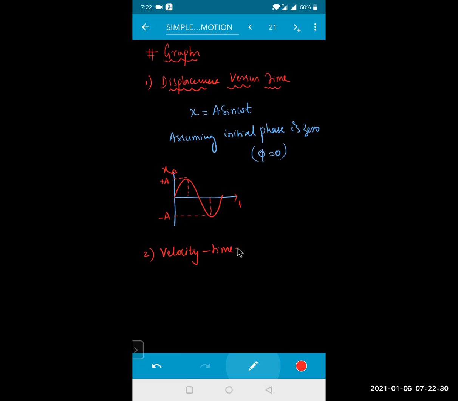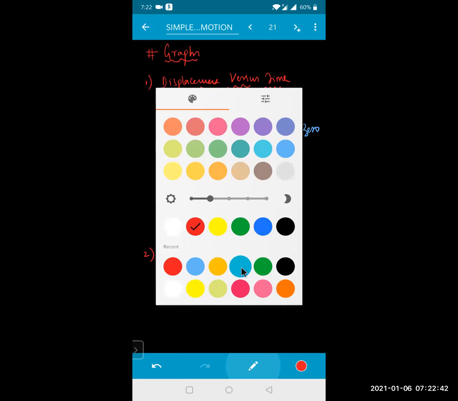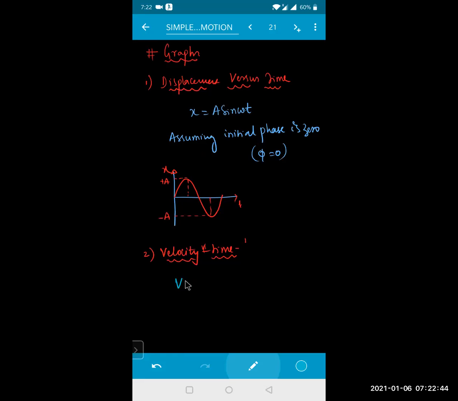Velocity versus time graph. So how do you get the graph? For velocity versus time, what is the equation? v equals a into omega into cos omega t. So if I draw the graph for cos, this is your velocity and this is your time t.